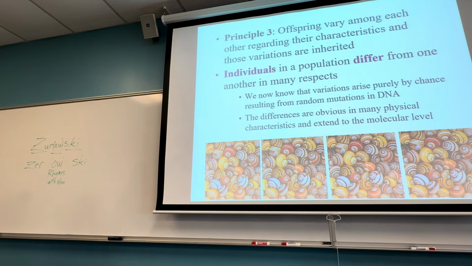Because if the environment changes suddenly and you have a lot of variance in your population, hopefully a portion of your population can survive that change and keep your population evolving or going. If everybody's exactly the same and the environment changes, and now, because we're exactly the same, none of us are favored, we go extinct. So variation is a really good thing.